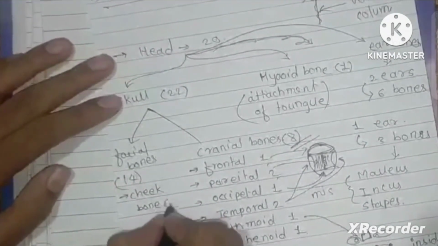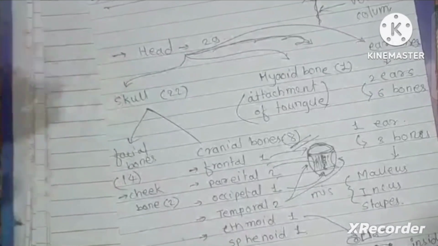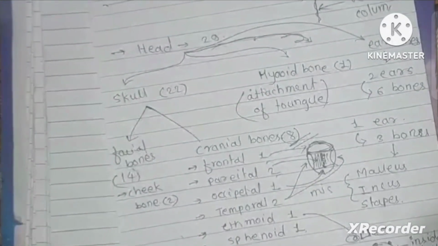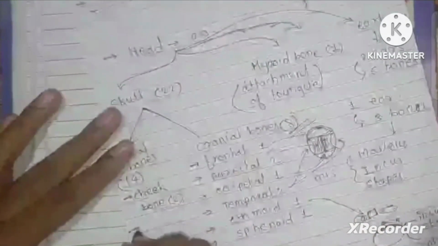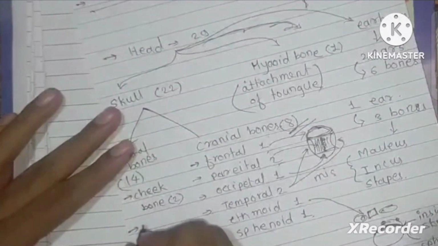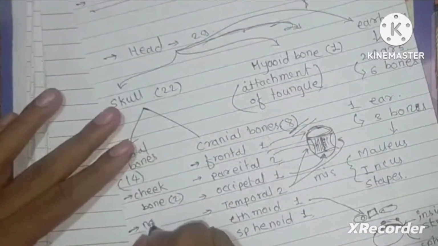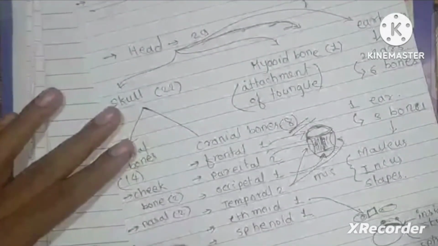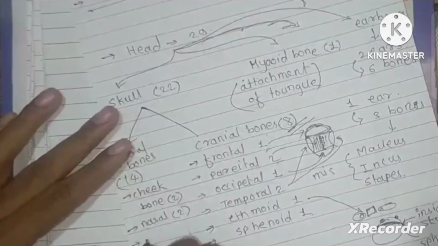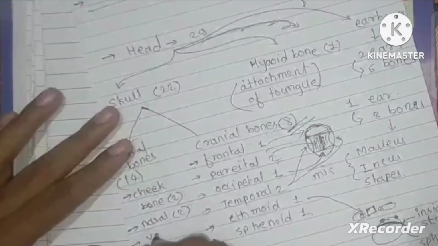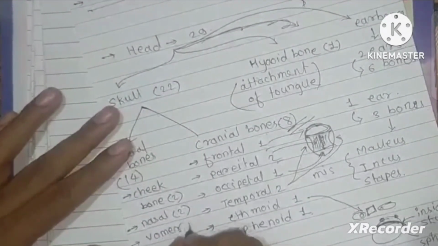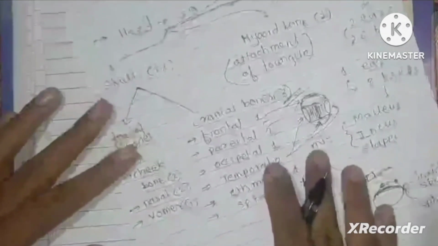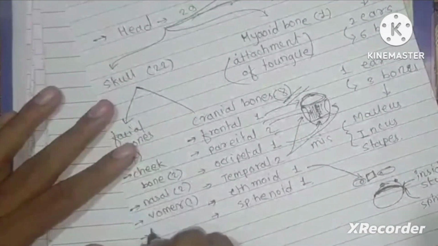Cheekbone. These are 2 in number. Nasal bones. They are also 2 in number. Vomer, which is between 2 nasal cavities.